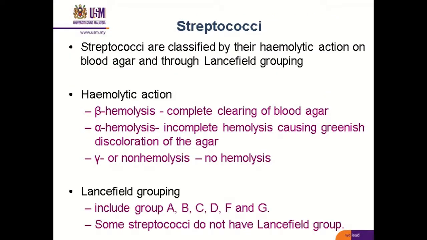Next, we go to streptococci. Streptococci are classified by their hemolytic action on blood agar and through Lancefield grouping. The hemolytic reaction can be beta hemolysis, where we see complete clearing of the blood agar, alpha hemolysis, where there is incomplete hemolysis causing a greenish discoloration of the agar, and gamma or non-hemolysis in the blood agar.